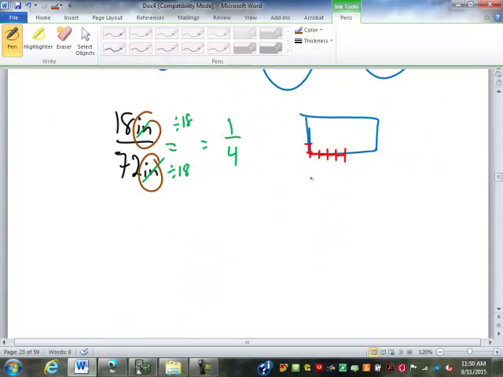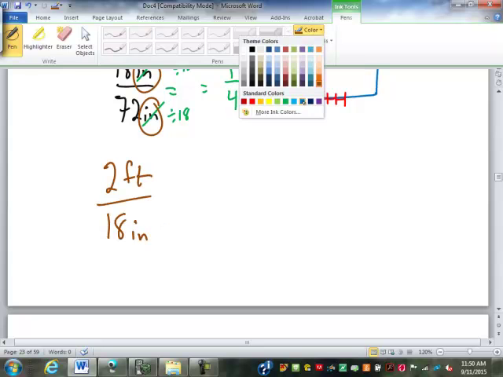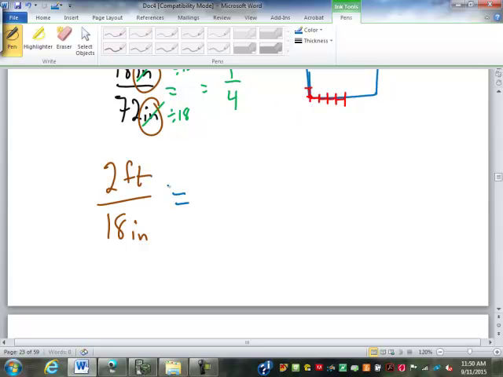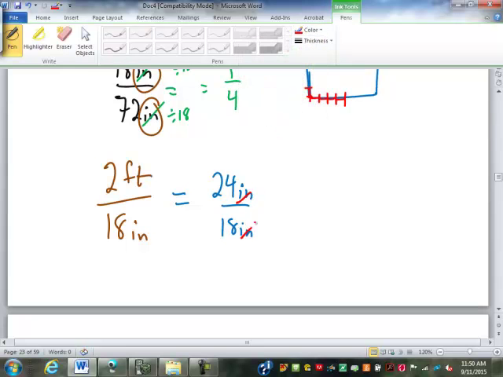I could not do 2 feet over 18 inches. That is not a ratio. Now, fortunately, I could change it. 2 feet is 24 inches over 18 inches. Now it's a ratio, and it can be reduced. Inches can be divided out. 24 and 18 can both be divided by 6 to give me a 4 to 3 ratio.